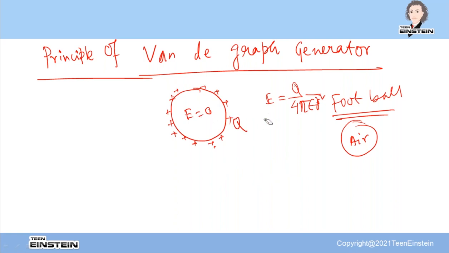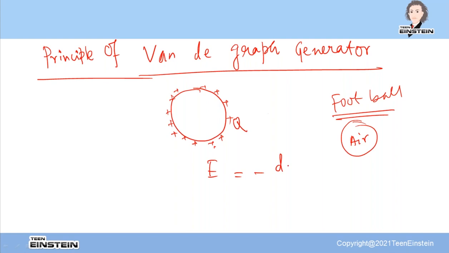Now look, we know that electric field and potential have a relationship, E equals minus dV/dr. So if my electric field is 0, what can I infer from that? If the electric field is 0, this side is 0, so I can infer that V is constant.